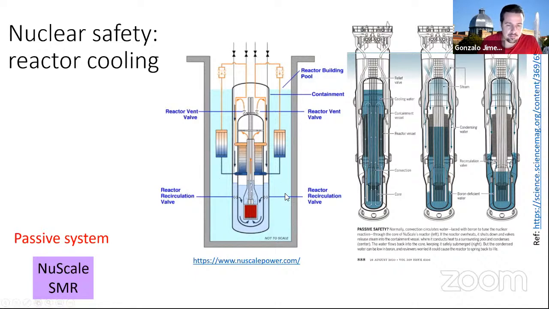So in case of a loss of coolant accident or any other cooling transient, we will have a heat exchanger here that can help us cool down the reactor. And we will also be inside a pool that can cool the reactor for a very long time, without the need of any active pump working.